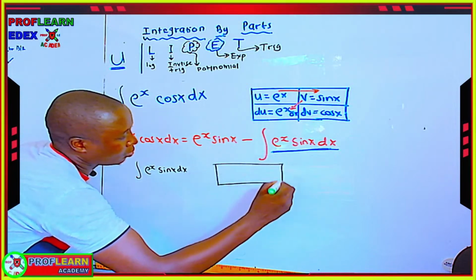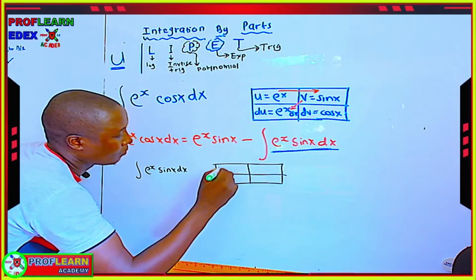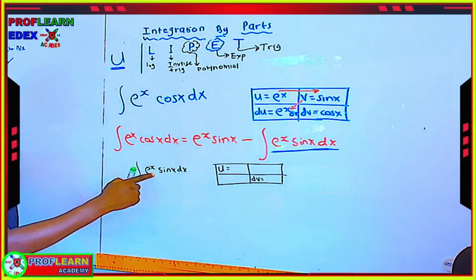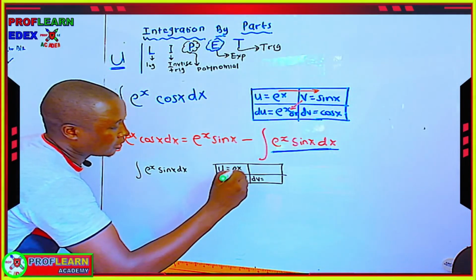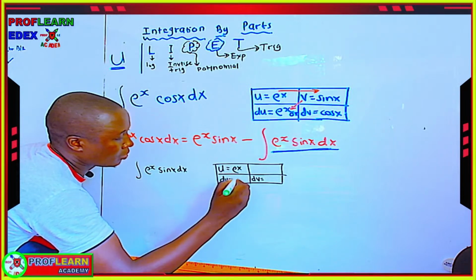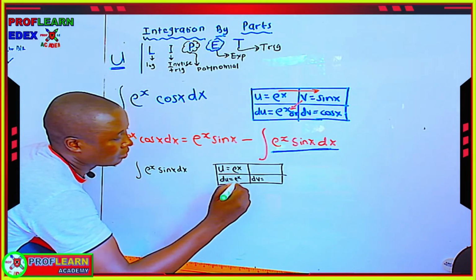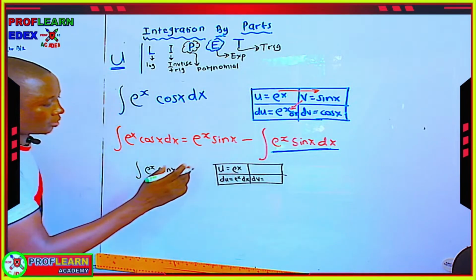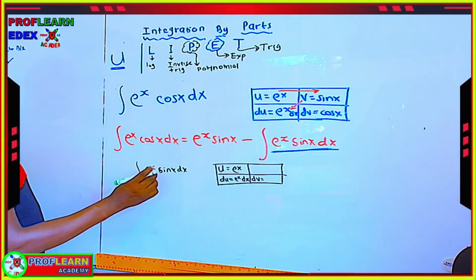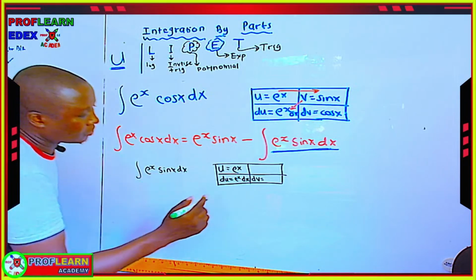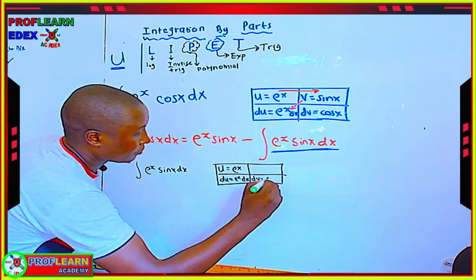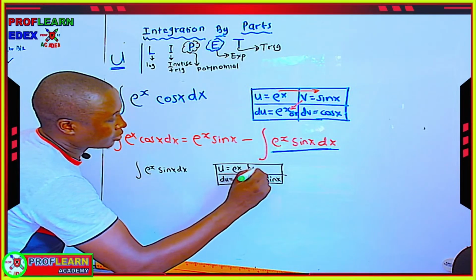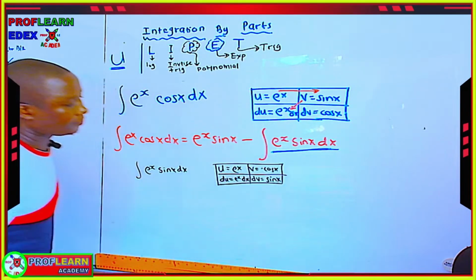Remember, we have u and dv. The exponent comes earlier, so we say e^x here. du is going to be e^x dx. And dv, because e^x became our u, this one becomes dv, so this is going to be sin x. Integrating this, v is equal to negative cos x.